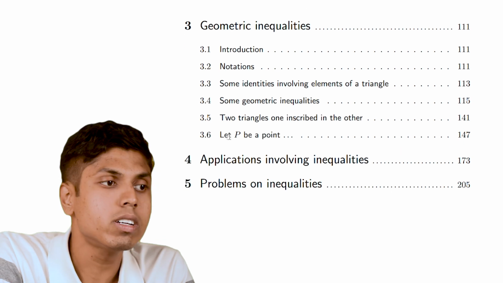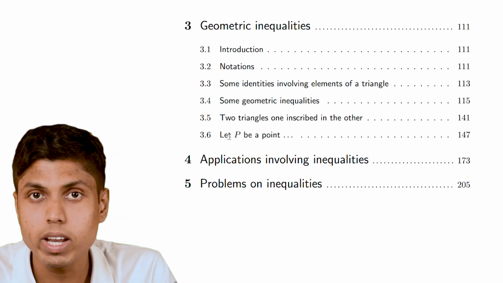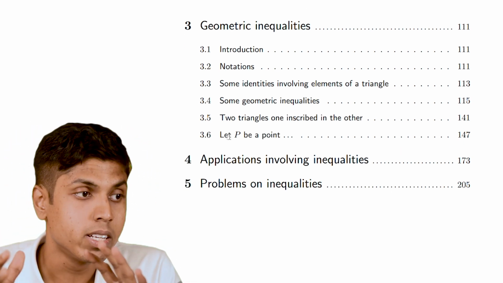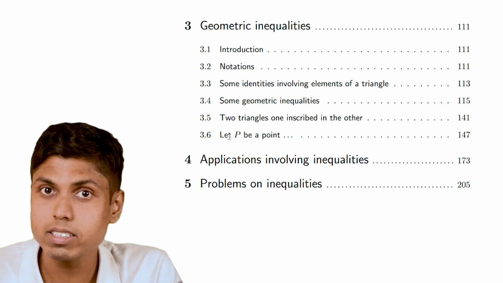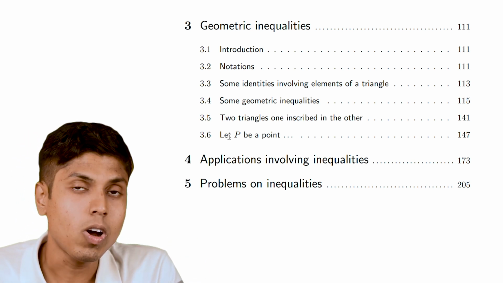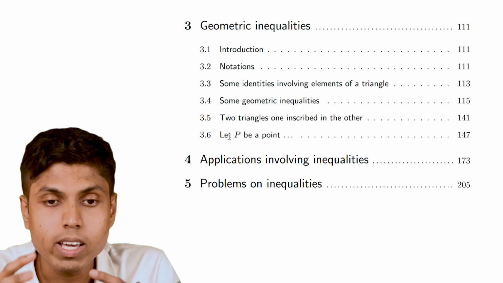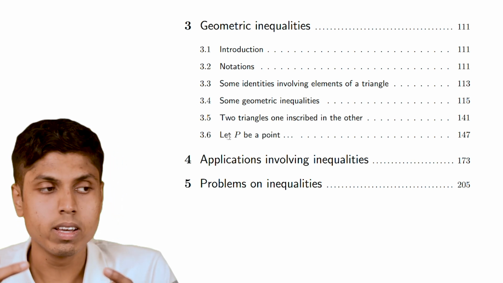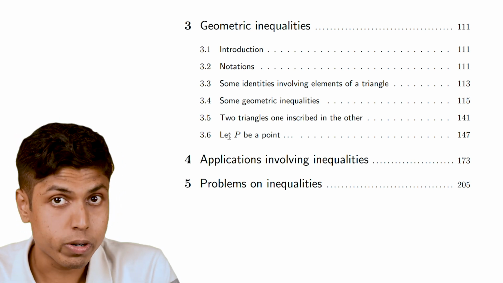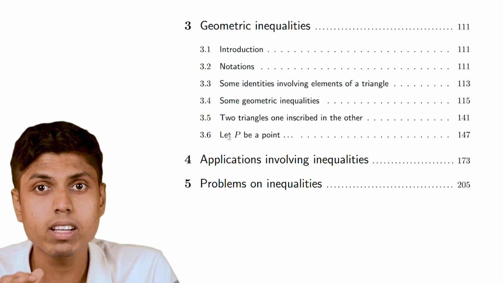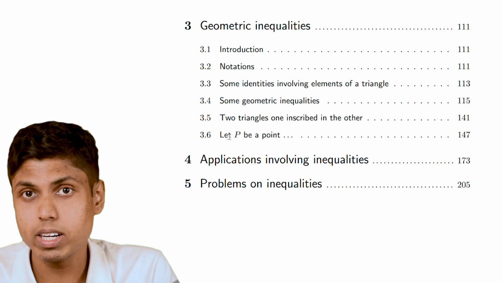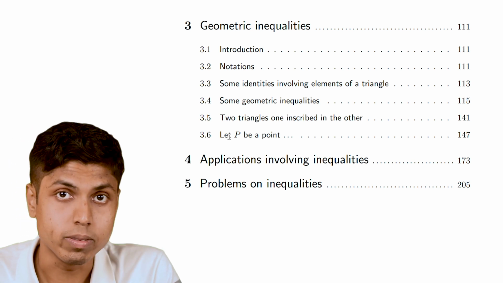Now, moving on to the third section, we have geometric inequalities that involve triangles, circumcircles, circumradius, inradius, and so on. How do you solve inequalities involving them? You need to know certain properties and basic fundamental inequalities related to them.